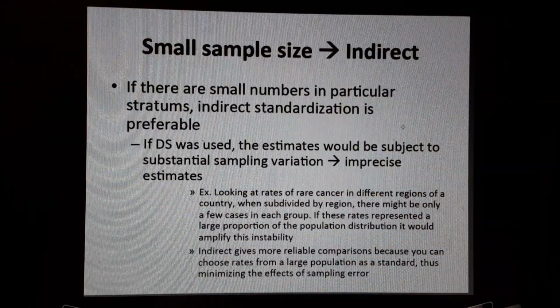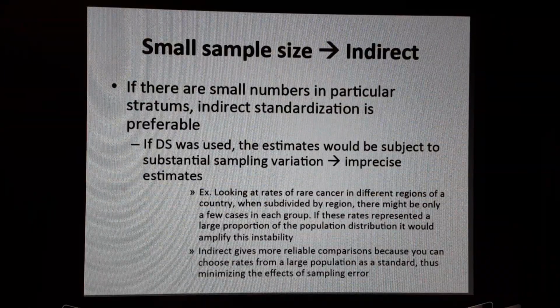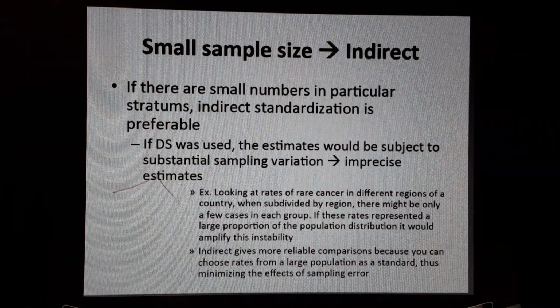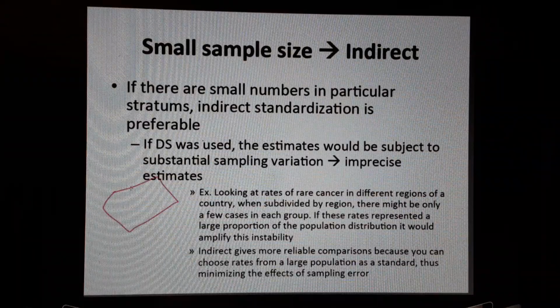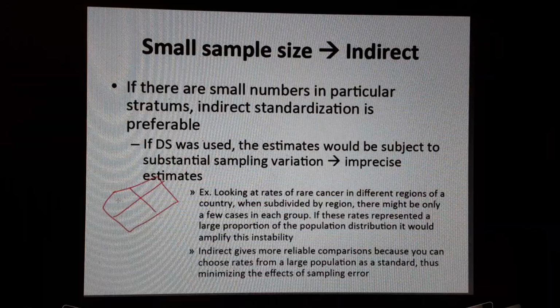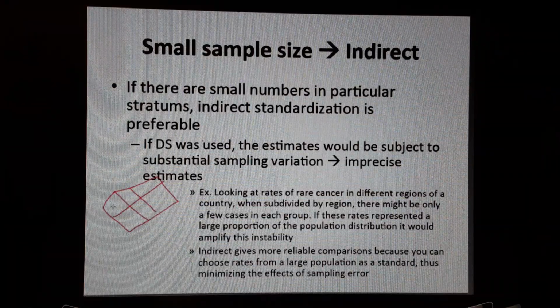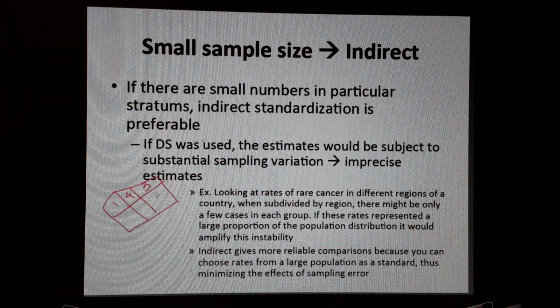Okay, so what we're saying here is say, here is your study population. Let's say there's 6 regions. We have 1 case of cancer here, 4 cases here, 3 here, 2 here, 1 here, and 4 here.